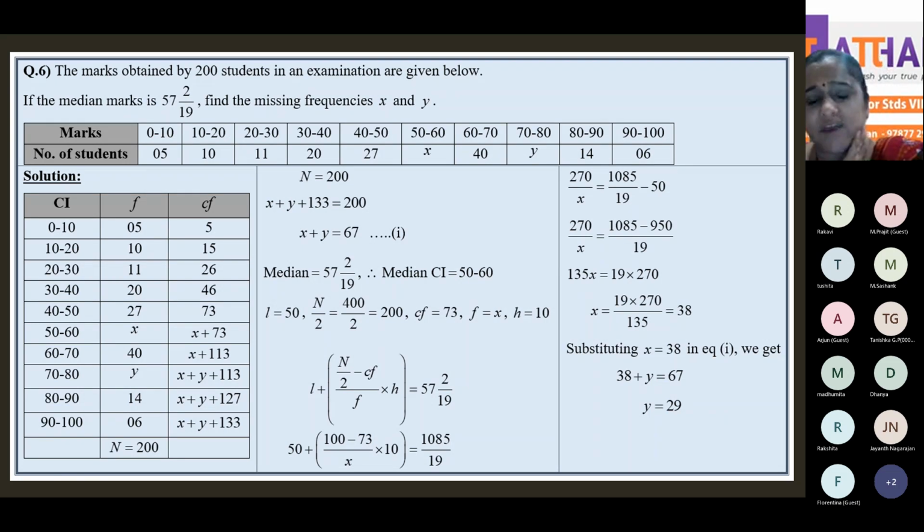No. Everything that's needed to complete the assignment is taught in the classroom. What I do, instead of giving a whole number, like if 57 is the median, I give a mixed fraction. That's the only variation, but it becomes a little tricky to work carefully. That's what I meant.